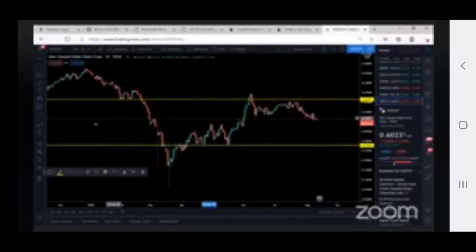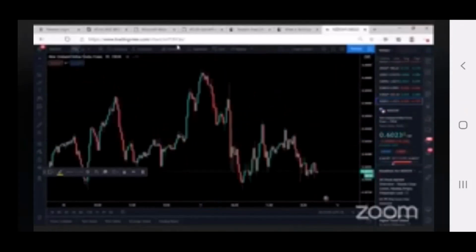So I think two lines, one for support and one for resistance, is okay. Once you get down to the lower time frames, that's when you have a lot more trend lines, support and resistance zones and everything, and you may want to draw trend lines and stuff like that.